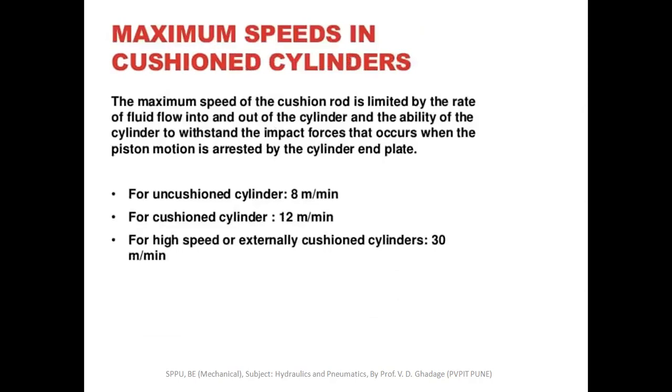The maximum speed of the cushioned rod is limited by the rate of fluid flow into and out of the cylinder and the ability of the cylinder to withstand the impact force that occurs when the piston motion is arrested by the cylinder end plate.